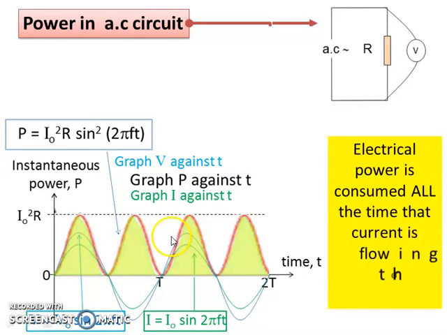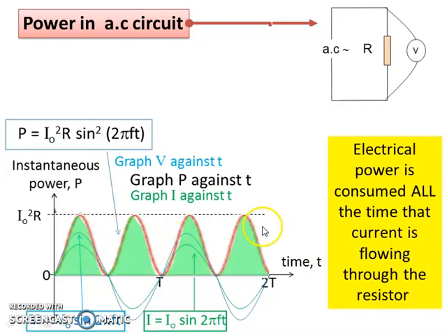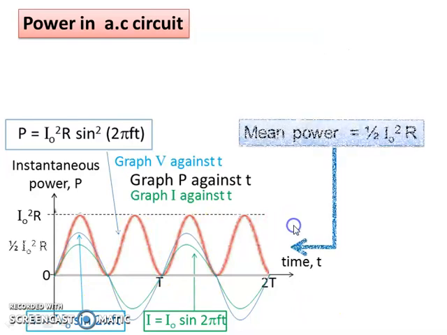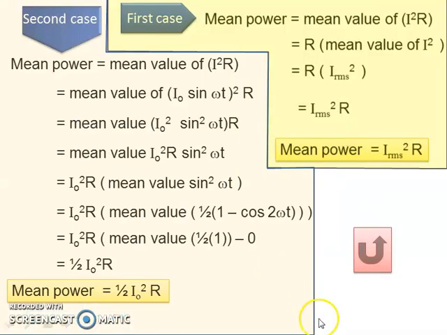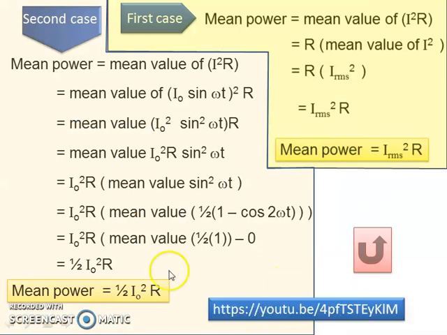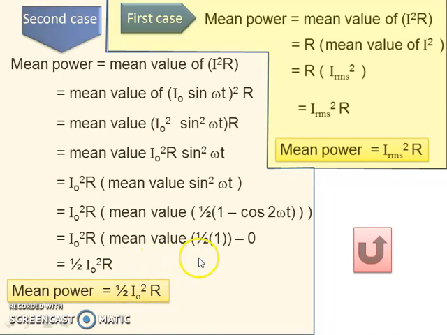So the area under the graph is positive power, which means that electrical power is consumed all the time that current is flowing through the resistor. And the mean power is equal to half I naught squared R. We have discussed this in the YouTube channel, where mean power equals half I naught squared R for the power of a resistor in an AC circuit.